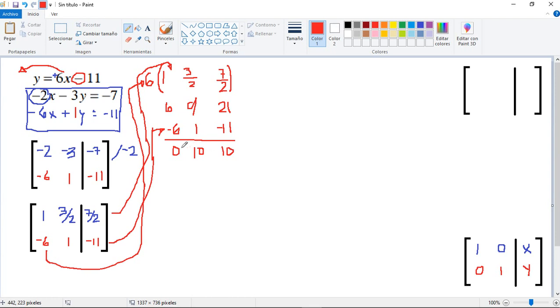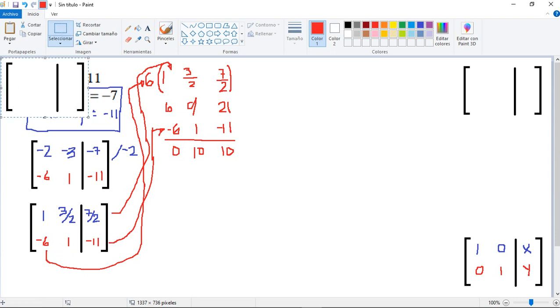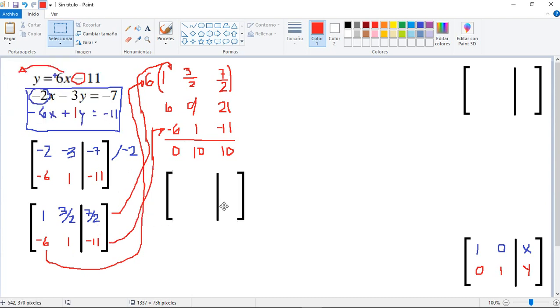This row is going to substitute the row that was here. Okay? So I am going to copy a new matrix in here. And I am going to copy the first row just as it is. So it is 1, 3 halves, and 7 halves.